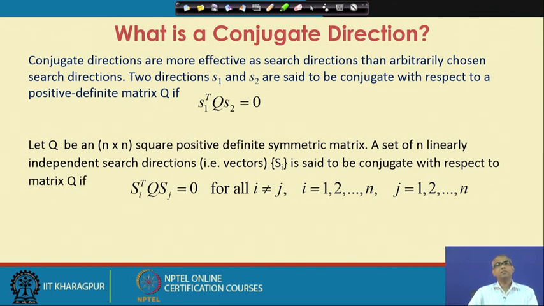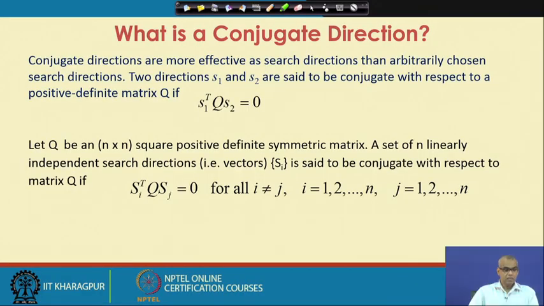First we said that let us consider two search directions S1 and S2. These two search directions are conjugate with respect to a positive definite matrix Q if S1 transpose Q S2 equals 0. Now, we can extend this to a set of n linearly independent search directions.